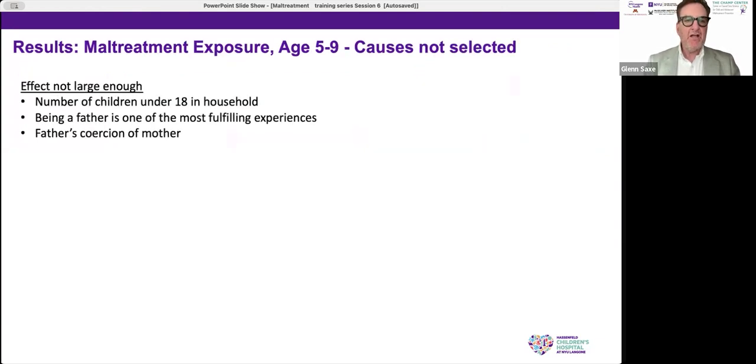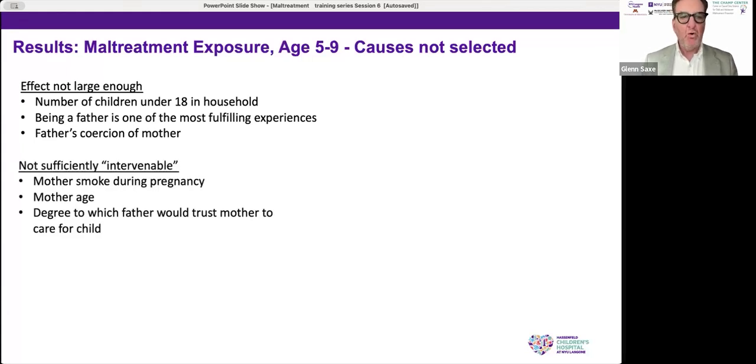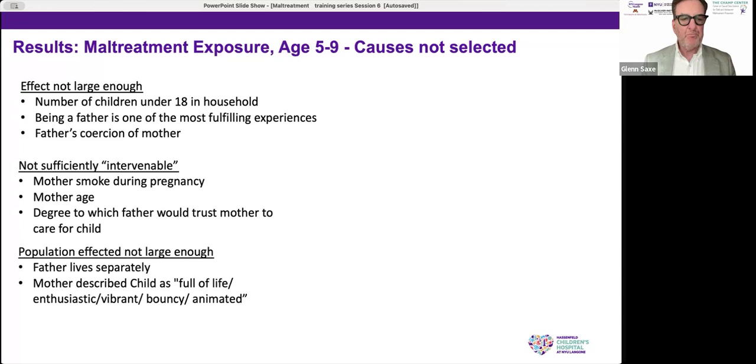And I'll just quickly show here there were causes we didn't pick for various reasons. Here are examples. The effect wasn't large enough, or it wasn't sufficiently intervenable. The population affected wasn't big enough, so it was too few families it would affect.